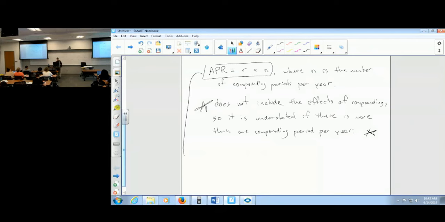So let's rearrange this to solve for R. We're just going to divide APR by N. So our periodic effective rate is defined as the APR divided by the number of compounding periods per year.